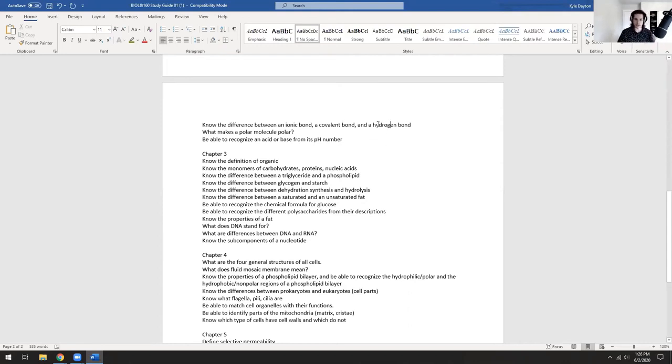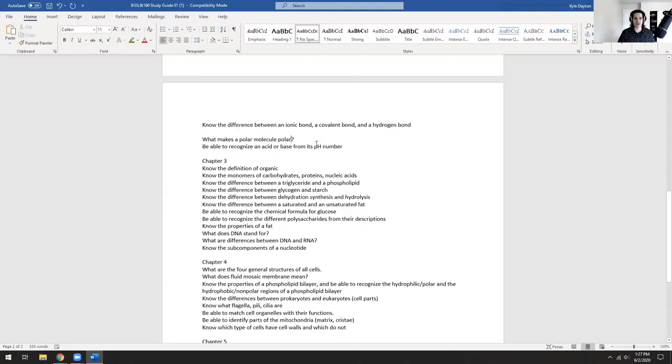So if 2 hydrogens are bound to an oxygen, those electrons are going to gravitate more towards that oxygen's nucleus, giving the hydrogens a partial positive charge, and the oxygen a partial negative charge. The disparity in partial charges is what draws those hydrogens to oxygens on other water molecules, and from that we get hydrogen bonds. So it's the disparity between two atoms with partial positive or partial negative charges.